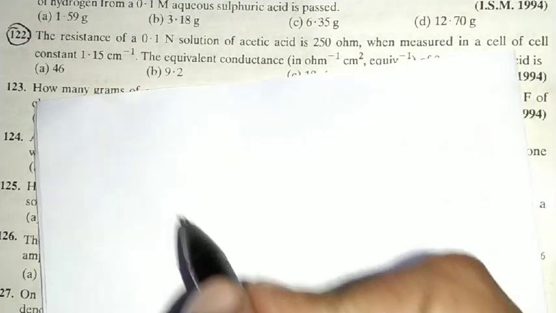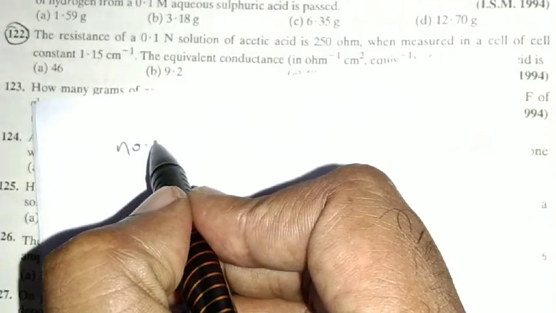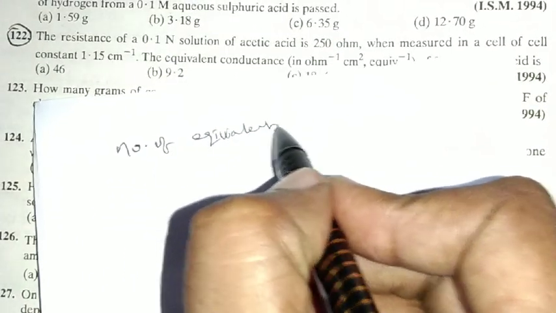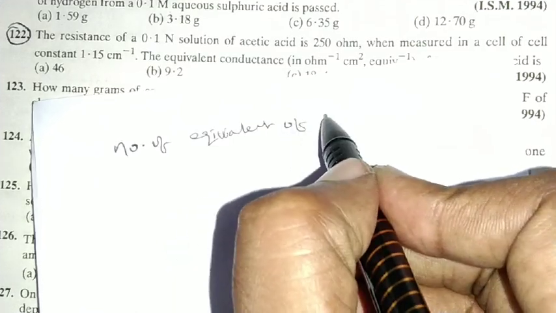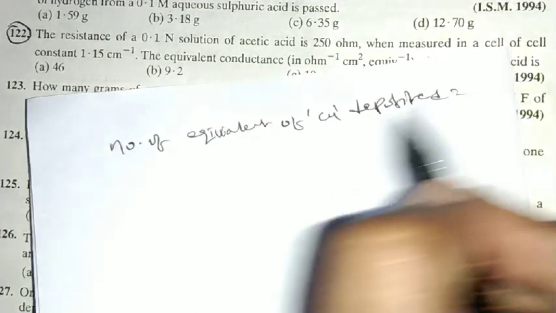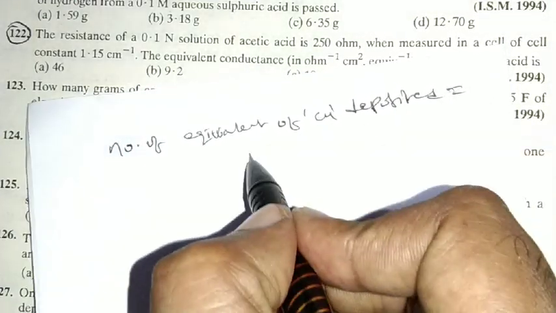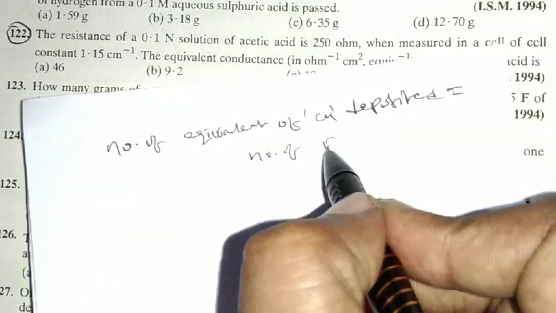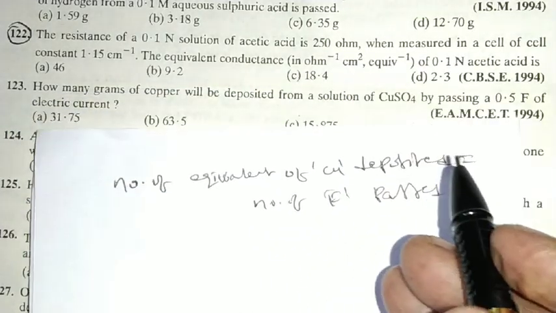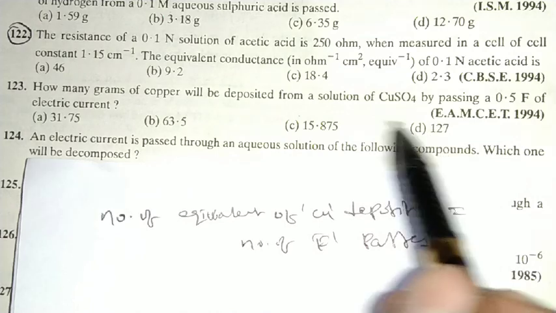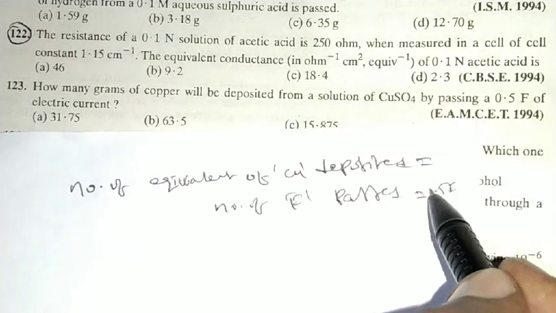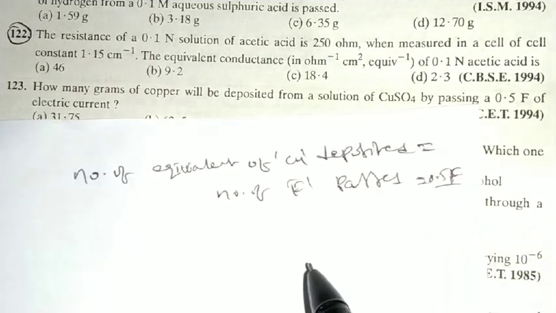Is it okay? So the number of equivalents of metal, here the metal is copper, deposited is equal to the number of farads passed. Here they are saying 0.5 farad was passed, so the value is 0.5 farad.